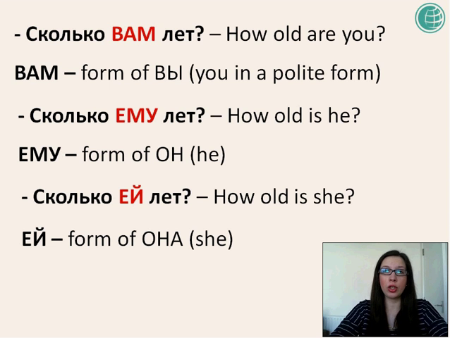So 4 questions you know. Сколько тебе лет when you ask a friend. Сколько вам лет when you ask a person you don't know very well. Сколько ему лет? How old is he? Сколько ей лет? How old is she? So nothing is difficult, you just have to change this pronoun.